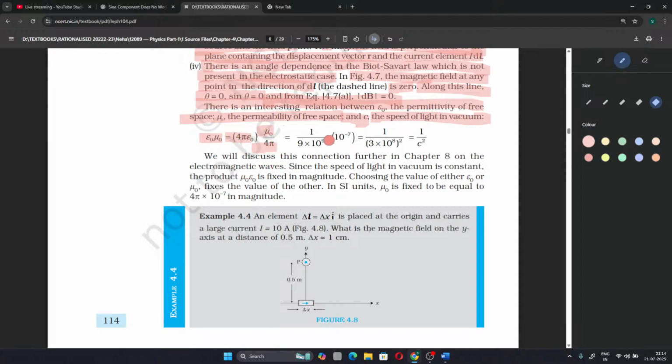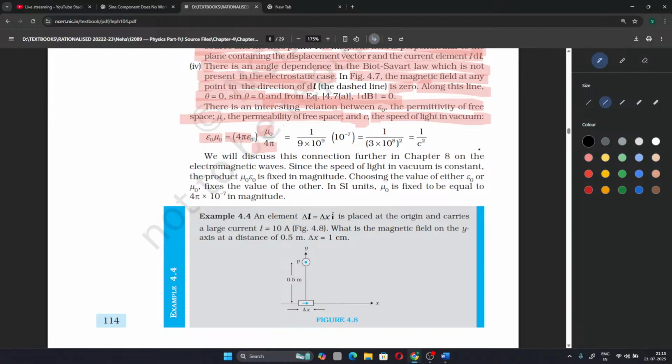They multiplied by 4 pi and divided by 4 pi, and we know that 1 by 4 pi epsilon naught is equal to 9 into 10 power 9. And mu naught by 4 pi we can write as 10 power minus 7, and this is actually 3 into 10 power 8 whole square, which is approximately the speed of light in a vacuum.